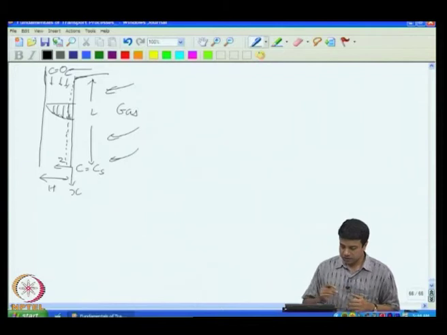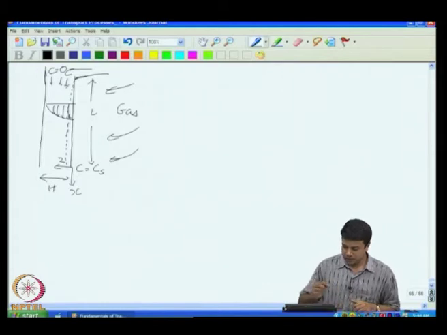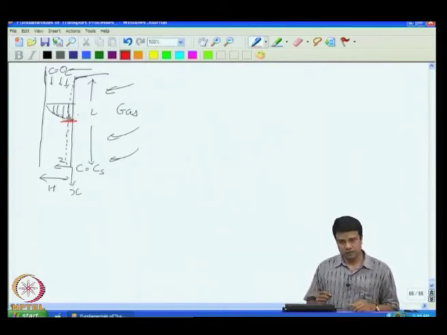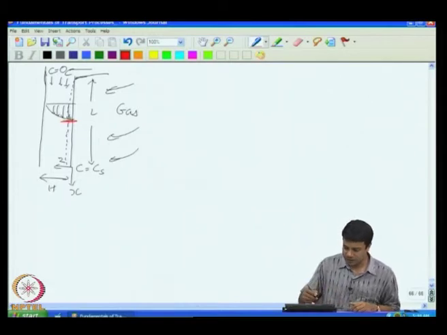Now, I have two coordinates here, z and x, and I have a velocity field. I am going to make an assumption, and that is that this velocity is a constant, as far as the flow is concerned. I am going to make an assumption that u is equal to a constant.